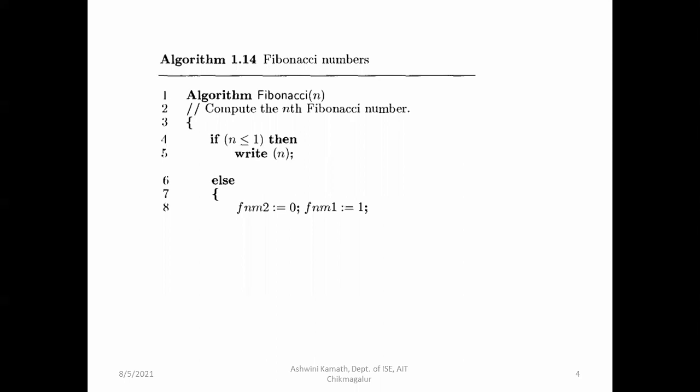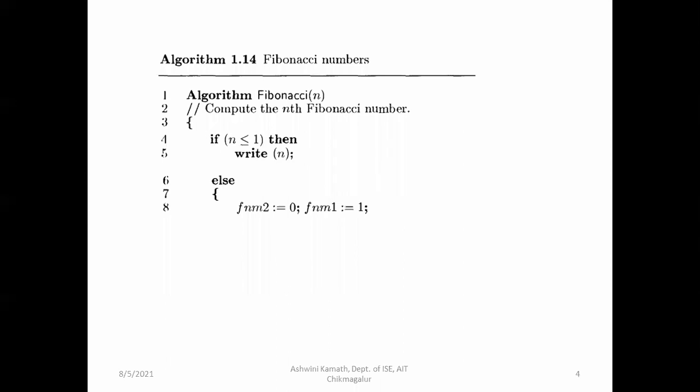That is, if I want the third number, then 3 minus 2 is equal to 1, so this will be the first number, 0. Then FNM1 is n minus 1, that is 3 minus 1, this will be the second number. Consider it like that. So FNM2 is equal to 0 and FNM1 is equal to 1.